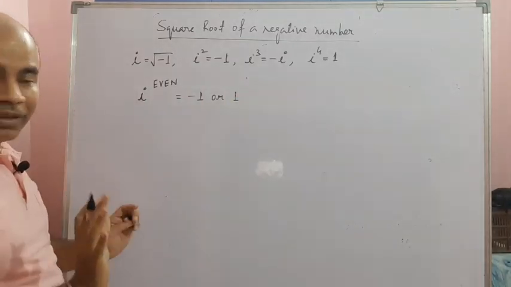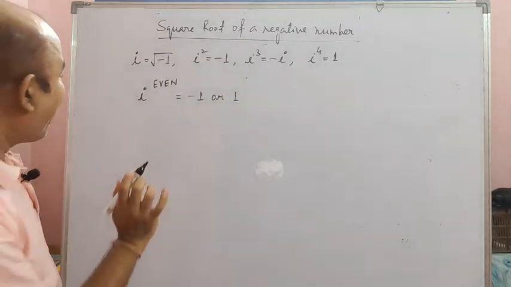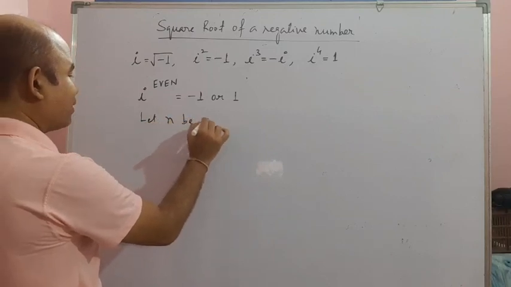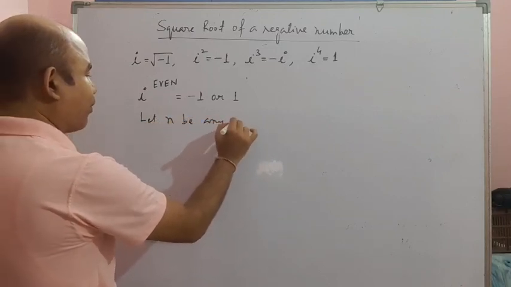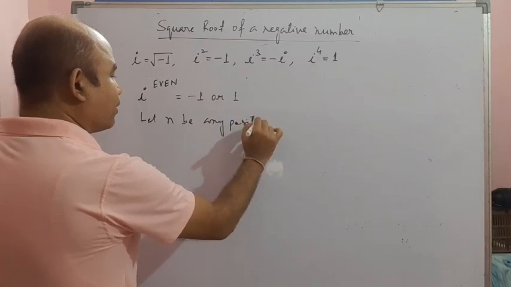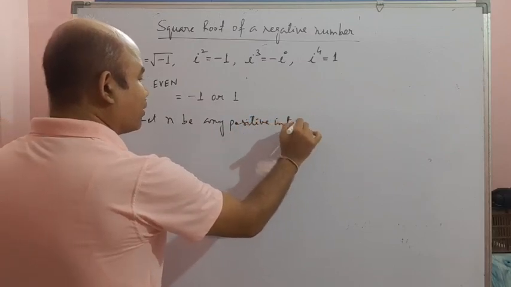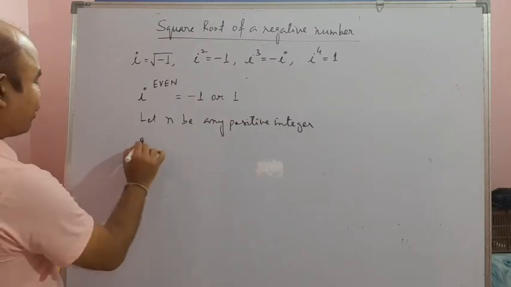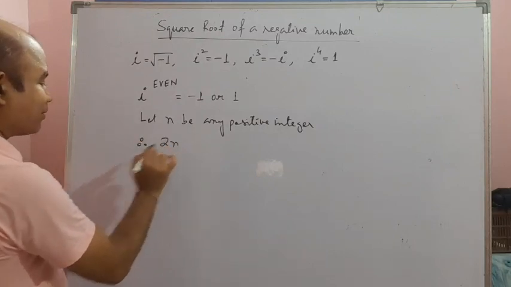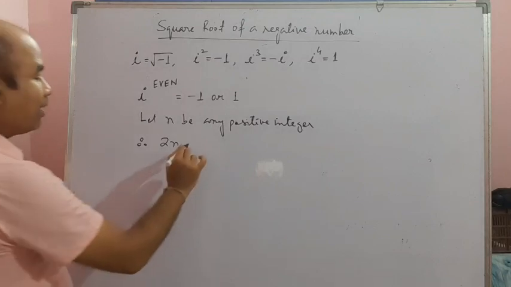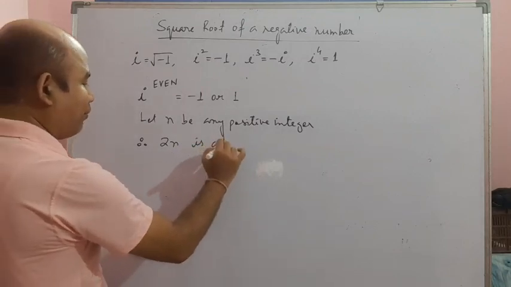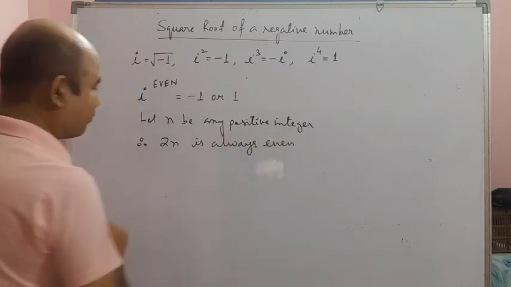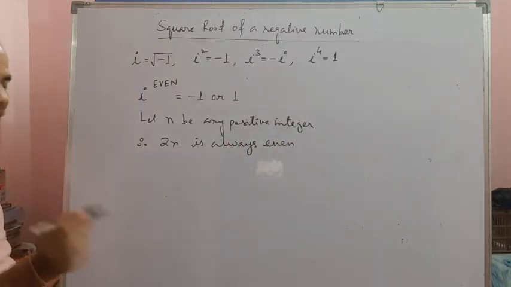Clear? Next, suppose n is any positive integer. Then one thing is sure: whenever you multiply 2 with this, that is 2n, it is always even. n may be odd or even, but 2n is always even, whatever the value of n.